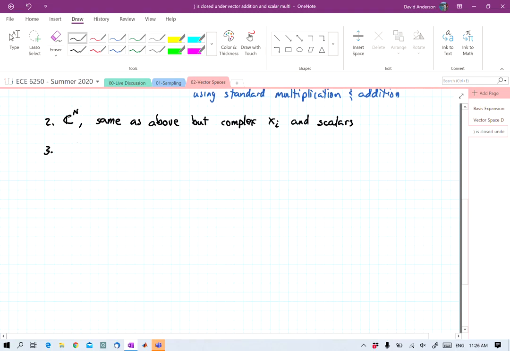The next would be Galois field 2 to the n. So here we have to define the rest of it. The scalar field is 0 and 1.